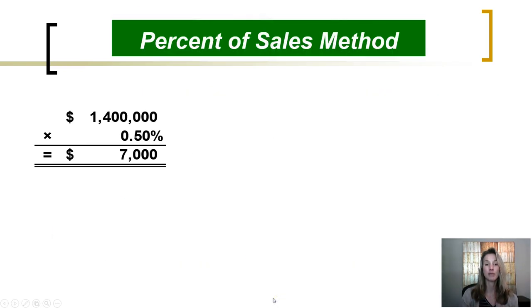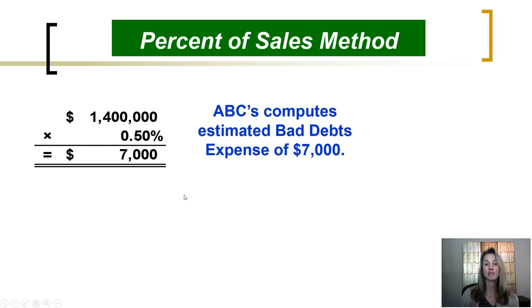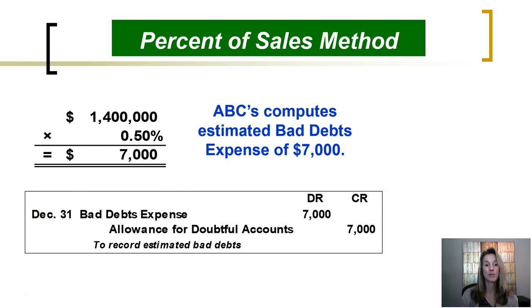So $1.4 million times the estimate uncollectible of 0.5% is $7,000. ABC computes estimated bad debt expense of $7,000. So the adjusting entry to be made at the end of the period will be a debit to bad debt expense of $7,000, credit to the allowance for doubtful accounts of $7,000. Calculating bad debt expense under the percent of sales method is a one-step process.